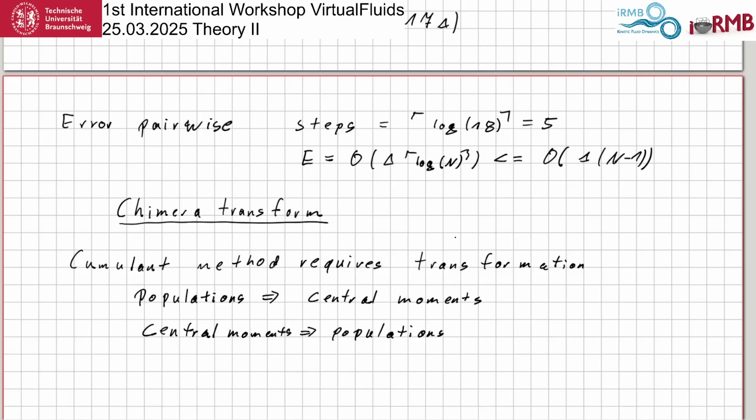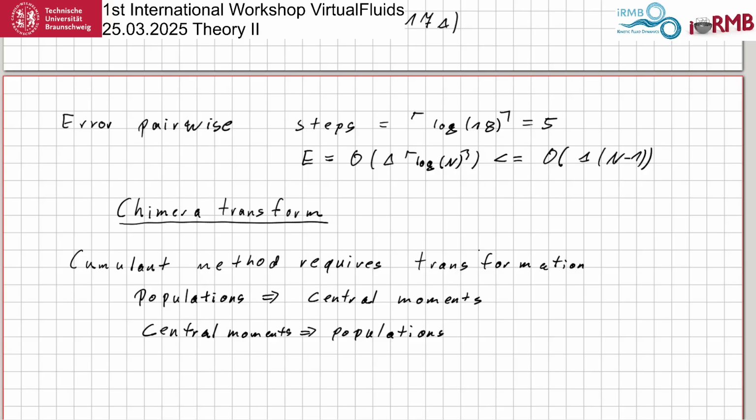Actually, at least as far as round-off errors are involved, this is not that big a thing, for reasons that would now take a long time to explain. But the important thing is really the transformation from the populations to the central moment. So this is the big problem.